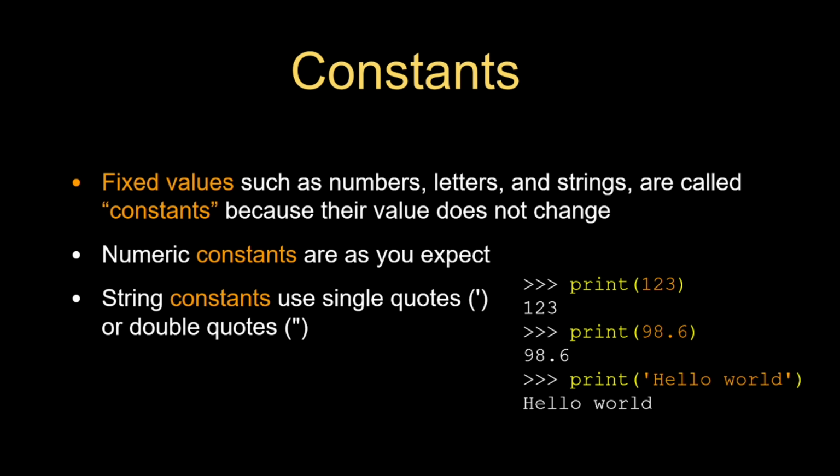Okay, so this will actually display the number 1, 2, 3, and this 1, 2, 3 here is considered as a numeric constant. Okay, another print 98.6, this will output 98.6. Okay, so again, this is another type of numeric constant.